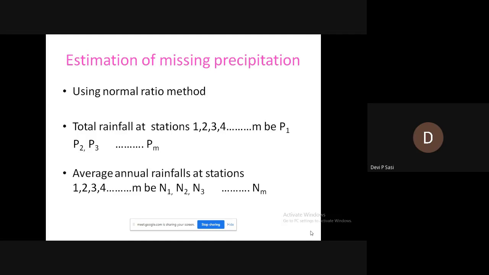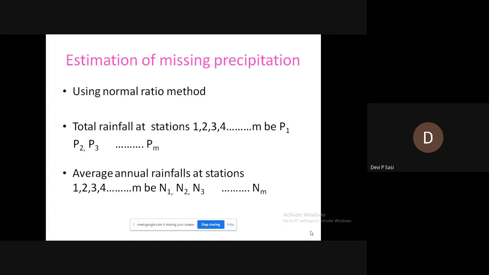Let us consider a number of rain gauges 1, 2, 3 up to m, and let P1, P2, P3, P4 up to PM be the precipitation there. Assume there are 1, 2, 3 up to m rain gauge stations, and the rainfall or precipitation present there is P1, P2, P3 up to PM.